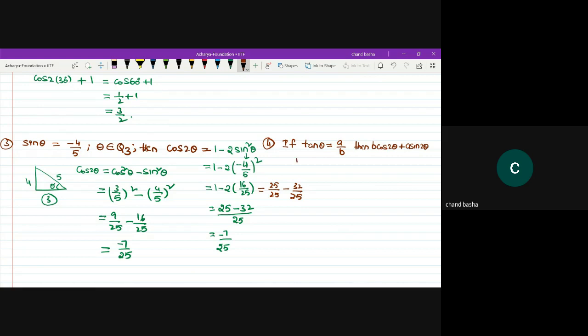Your options are here. I'm repeating again, you have to revise the formulas. The three formulas I have given to you, that is sin 2 theta, cos 2 theta, tan 2 theta. Make use of those formulas and you will be able to get the answer for this question. Tan theta is given.